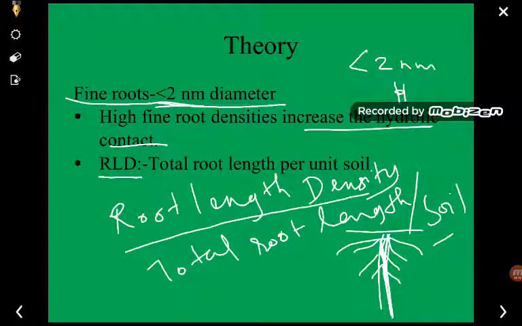So these are certain terms related to root density, that is fine root length as well as root length density. You know what root length density is? It is the total root length per unit of the soil.